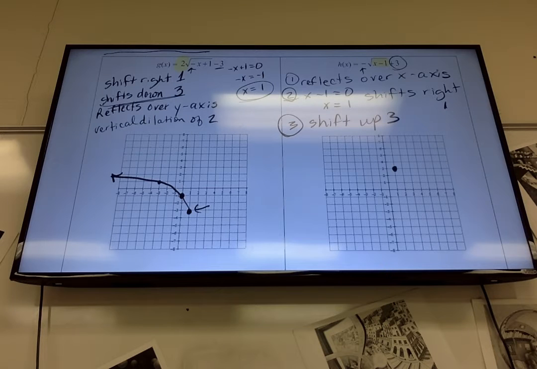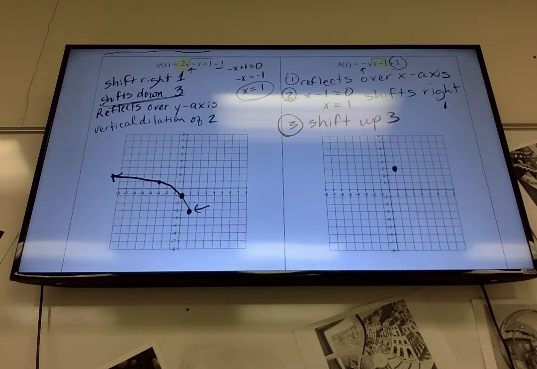And then we have to remember that it's being reflected over the x-axis. So instead of going this way, it's going to go this way. So the next point, if you look back at the very first one, was at 1, 1.